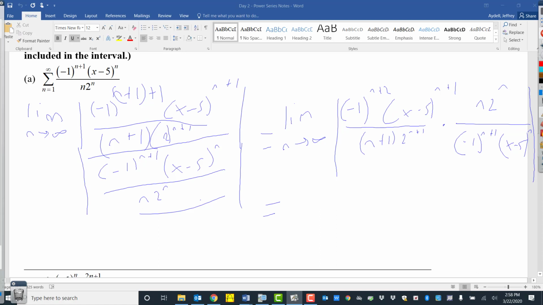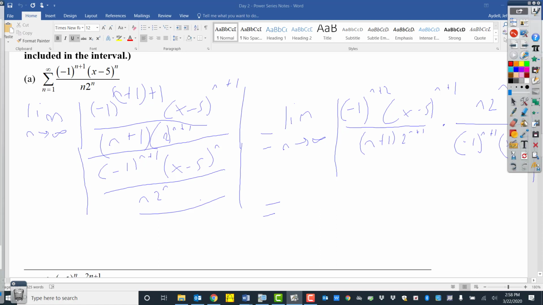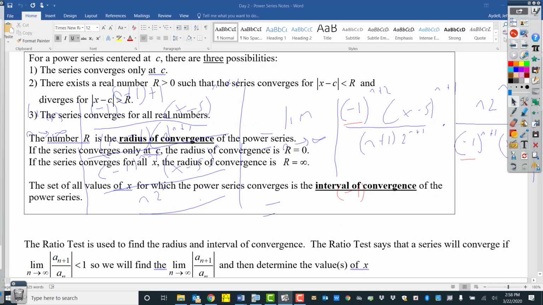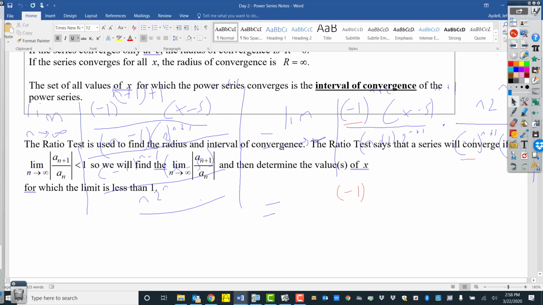So let's look at what this simplifies. We have, and I'll use a different color so we can see what I'm talking about, -1 to the n plus 2 over -1 to the n plus 1. That just gives us -1.